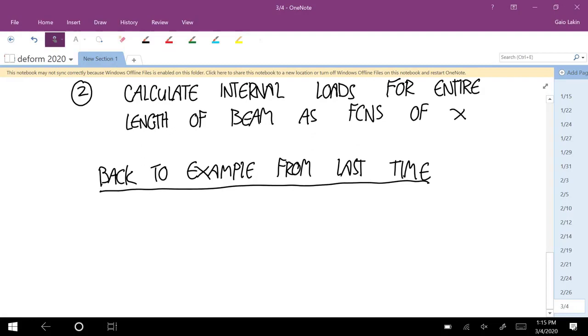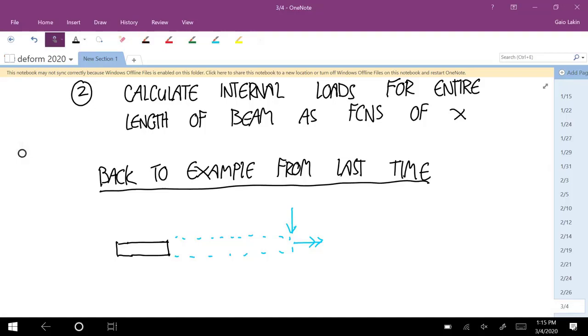And so I'm going to do a free body diagram of the left side of that place where we want to find the internal loads. So I'm including the stuff in black, and I'm skipping the dotted line stuff. So that means we're not considering the downward 1,000 Newton force. We're not considering the couple.